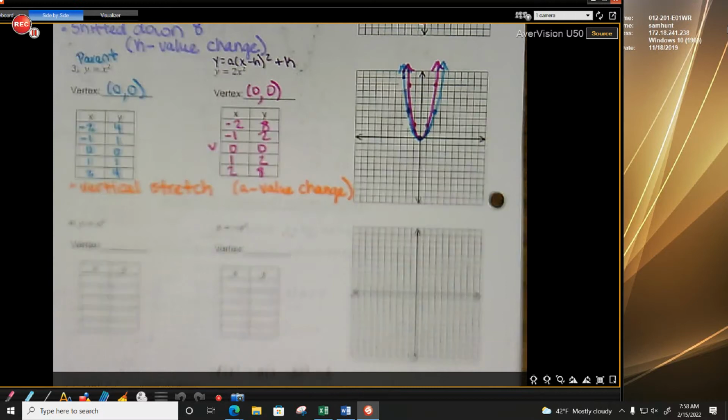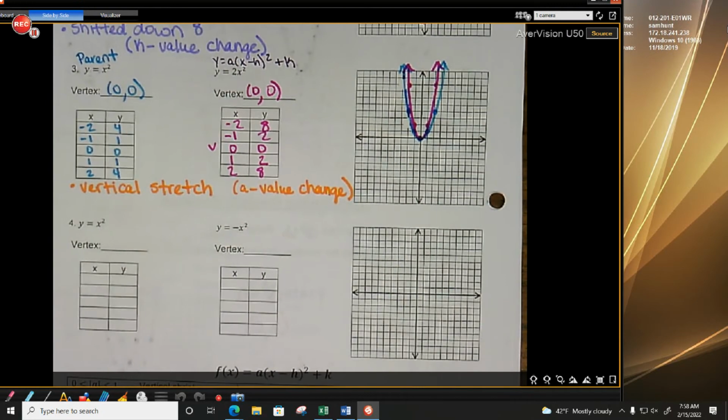Would I accept words like it got skinnier, it got narrower, it vertically stretched? All of those mean the same thing, okay? However, on your test, if it's multiple choice, on the STAAR test, it's going to use the verbiage of vertical stretch. Okay? So you need to think narrower means you're getting vertically taller. Good?